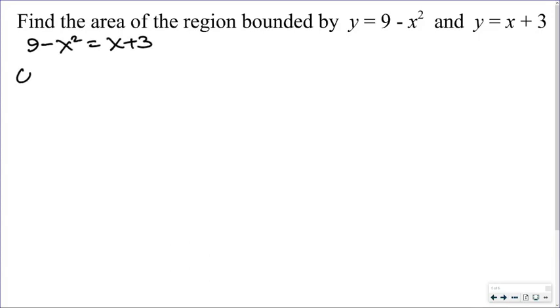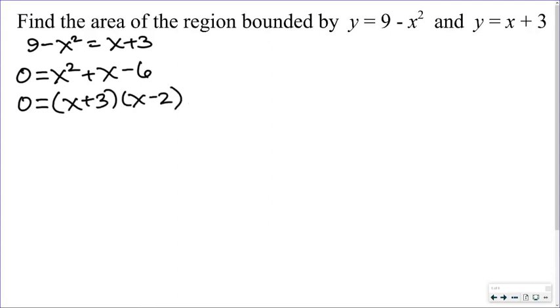Move everything over to one side. I'm going to get x plus 3 and x minus 2 when I factor. The x coordinates of my intersection points are -3 and 2. And my ordered pairs are (-3, 0) and (2, 5).